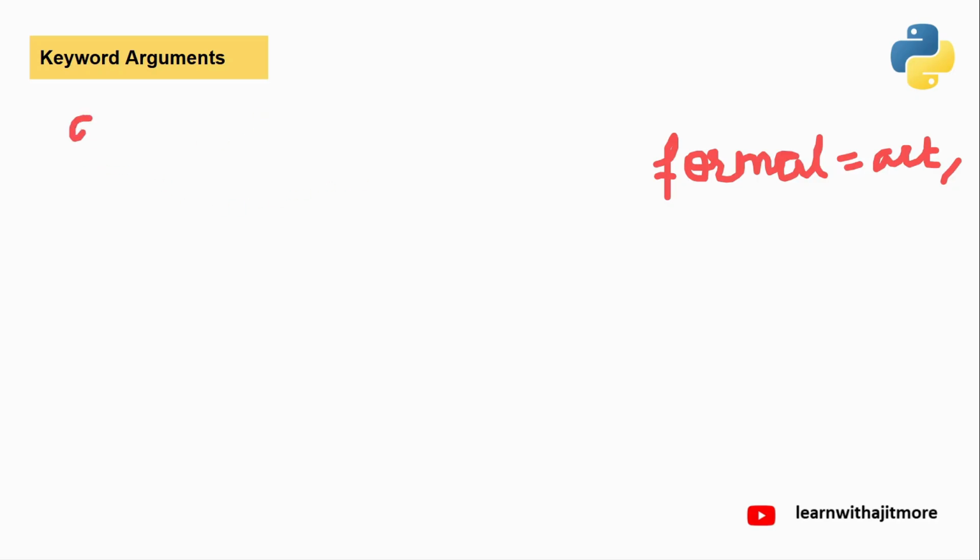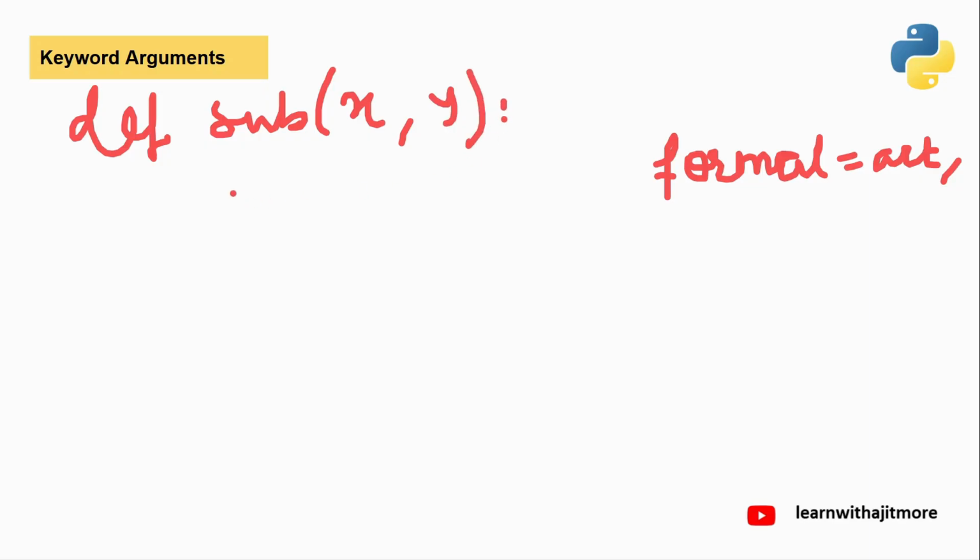Like you have defined that function sub, X comma Y, logic is there. Now when you're calling, you can pass the actual, but the order is not important because at the time of call, you have to mention which formal that actual is for. This way, formal equal to actual.